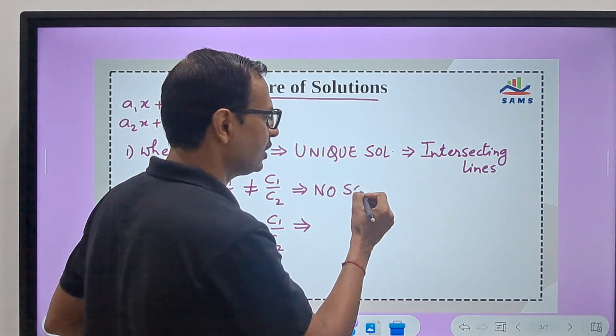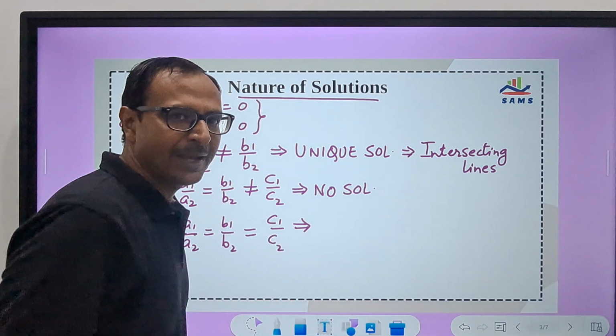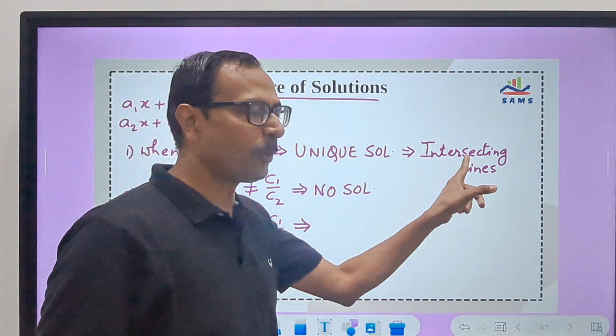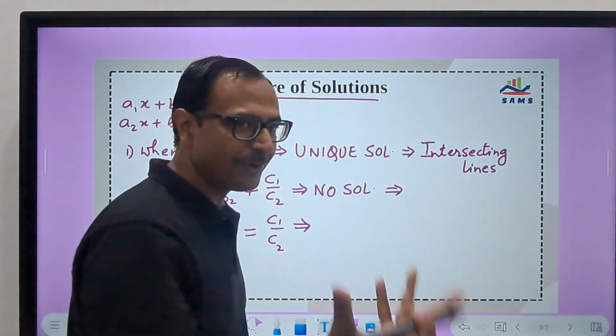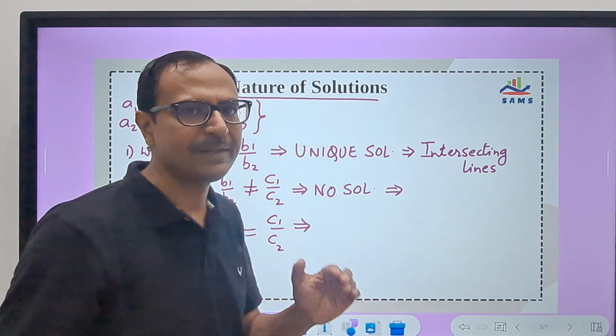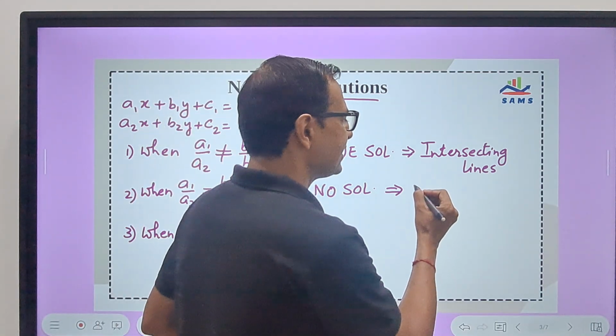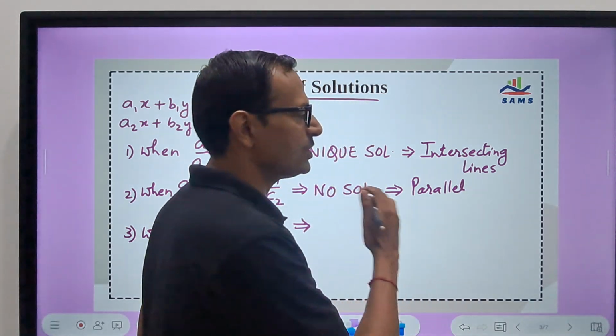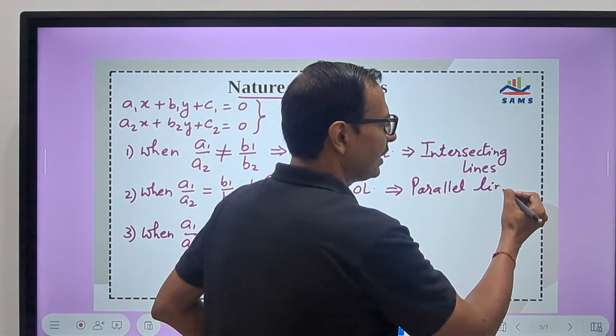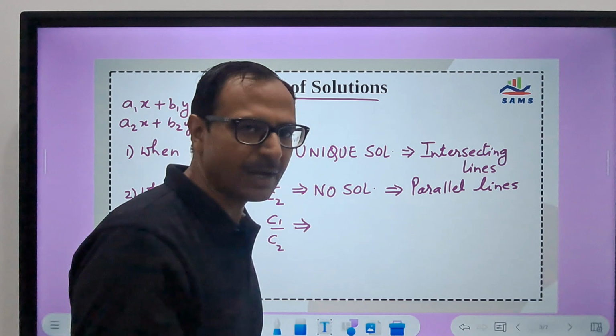That is called no solution. And no solution means no point of intersection. And which two lines have no point of intersection? Pretty obvious, right? They are the parallel lines, and therefore when you plot the graph of such linear equations, you will always get parallel lines on the graph.